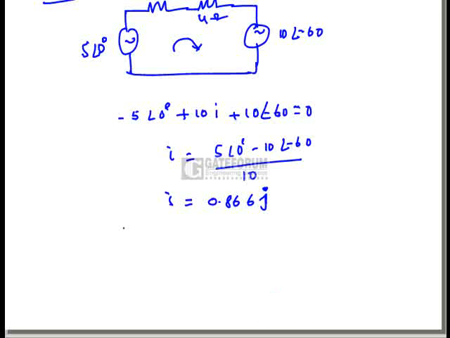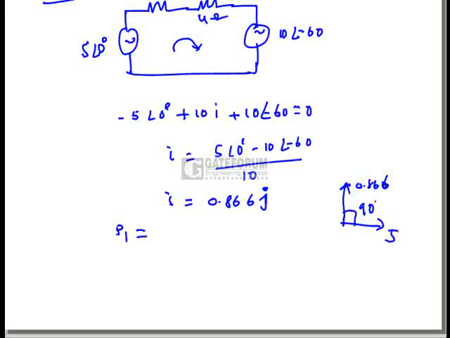Now we have to find out the power delivered by each and every source. The power delivered by source 1 is P1, that is V1 I1 cos phi. The voltage here is 5 at an angle 0, written in phasor form, and the current is leading, 0.866.